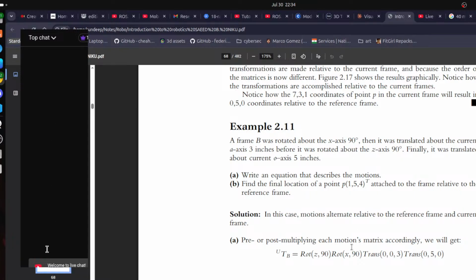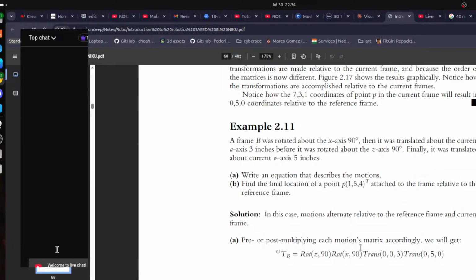So you would pre-multiply this once, and then about the current axis you would post multiply this another time.